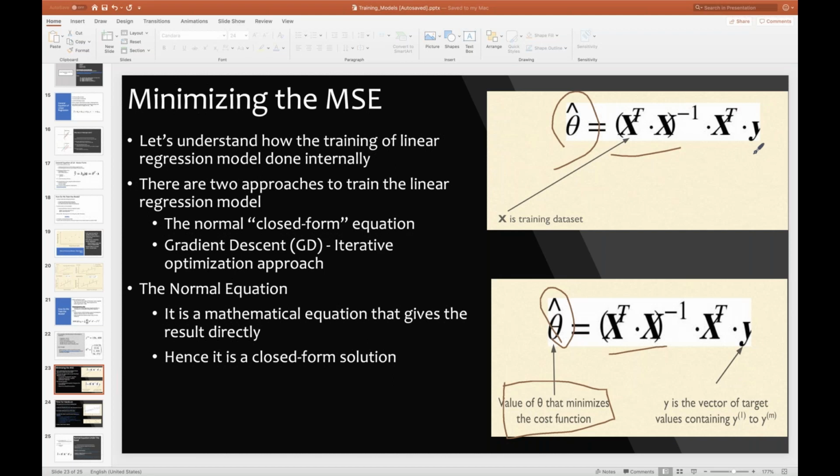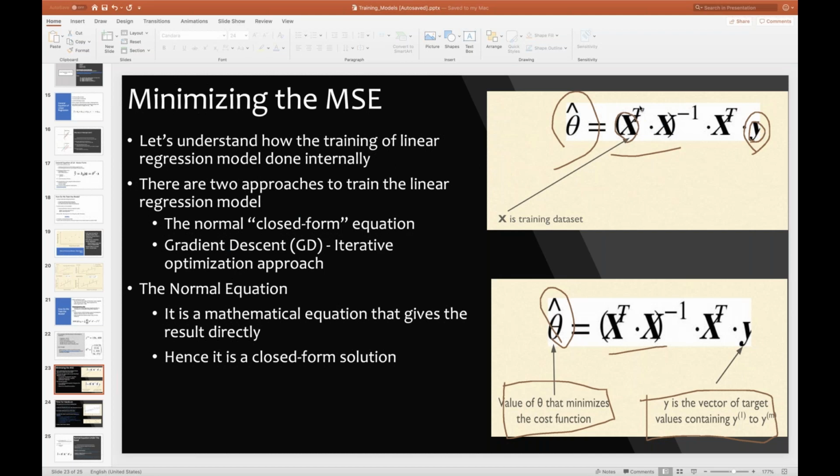What is y here? Y is the predictions. So y is a vector of the targets, y of 1 to y of m. Again, y is in small case and it is in bold. What is it? Vector. What is x? That is a matrix.